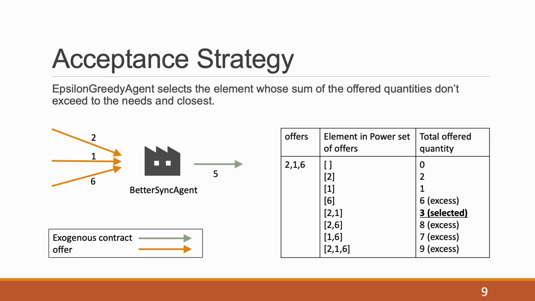On the other hand, EpsilonGreedyAgent selects the element whose sum of the offered quantities does not exceed the needs and is closest. In this example, elements greater than 5 are not selected, and the closest set of 2 and 1 among the others is selected.